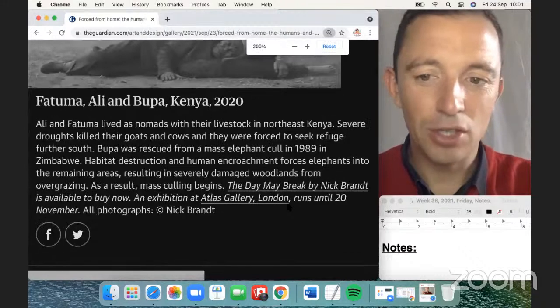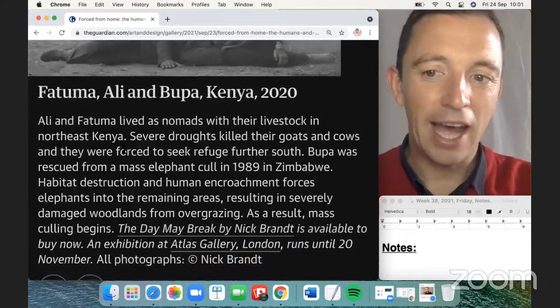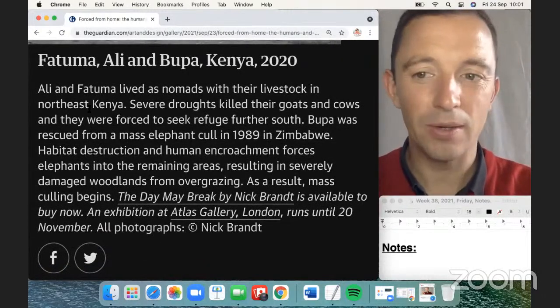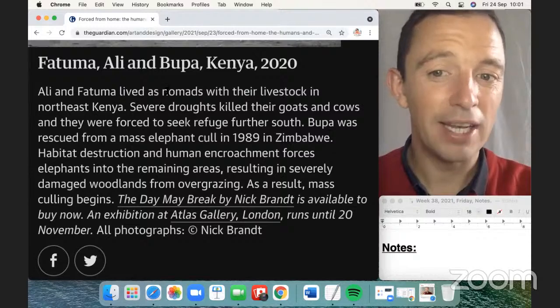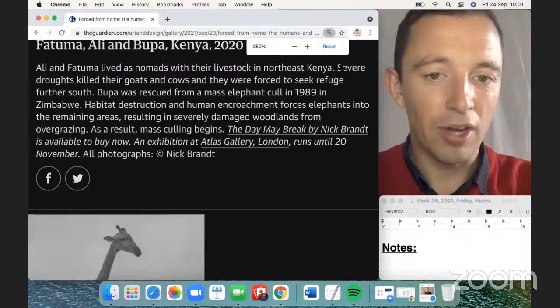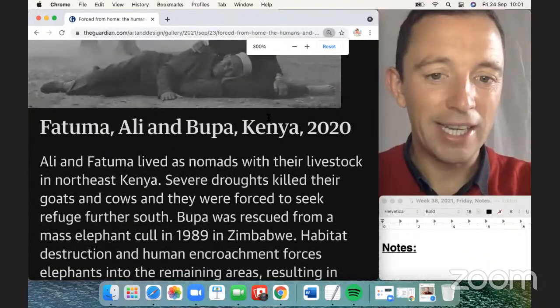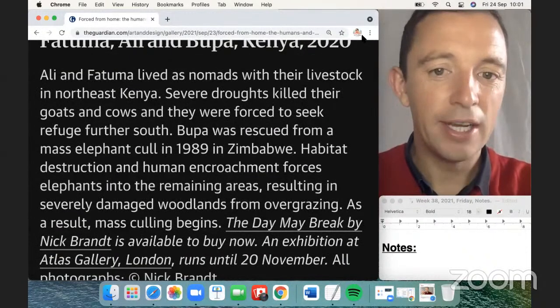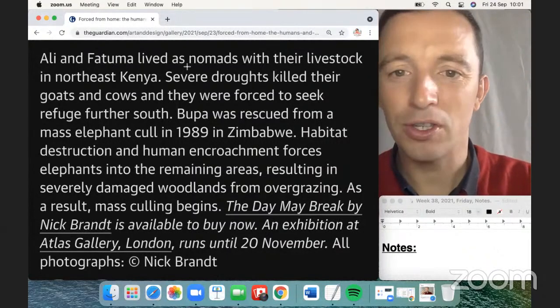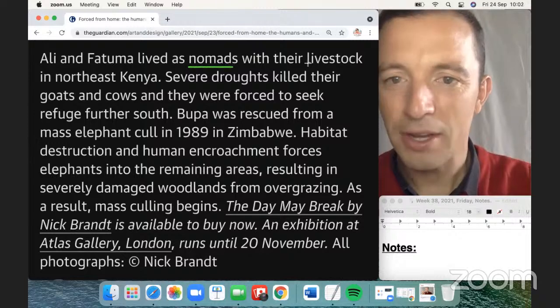So here you can see it's in Kenya, and this is Fatuma, Ali, and Bupa in Kenya in 2020. Okay, so Ali and Fatuma lived as nomads. Again, I will just try to identify the key vocabulary here, because there are 2 or 3 expressions that are very interesting and very important. So a nomad is very important.